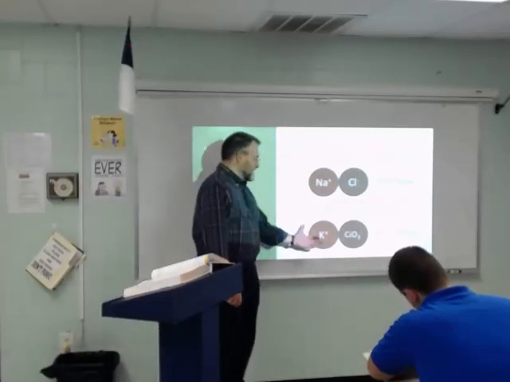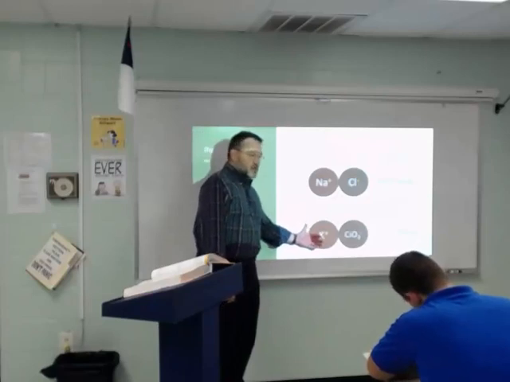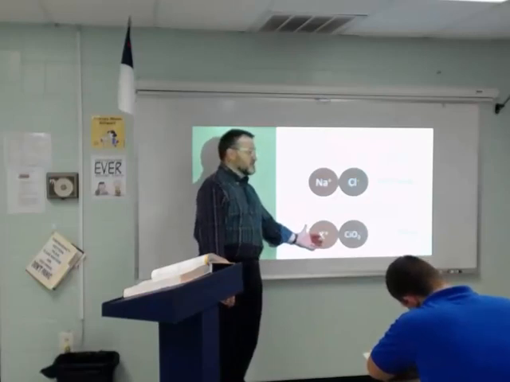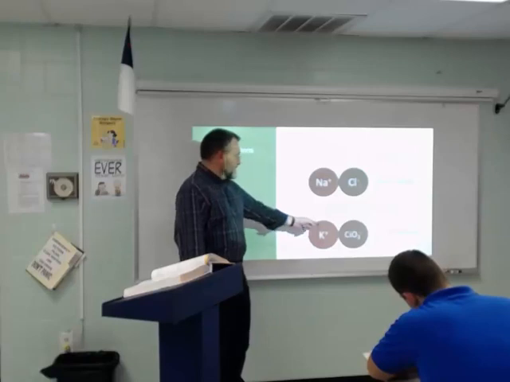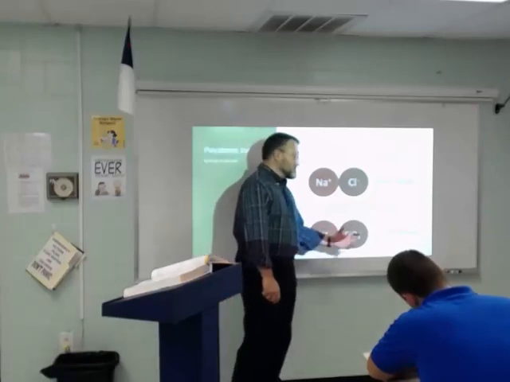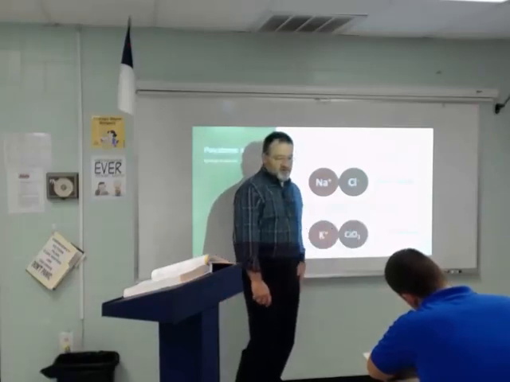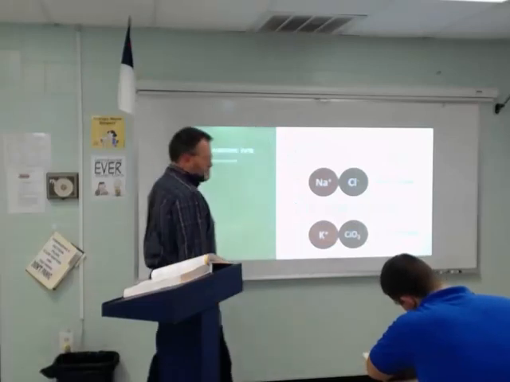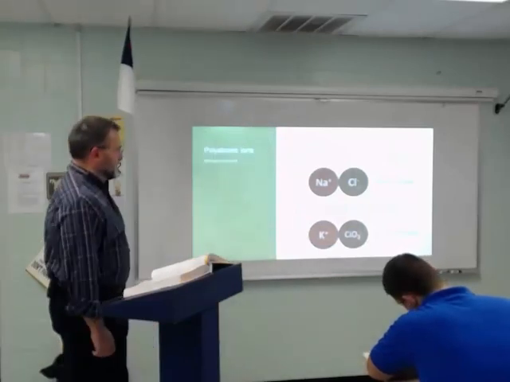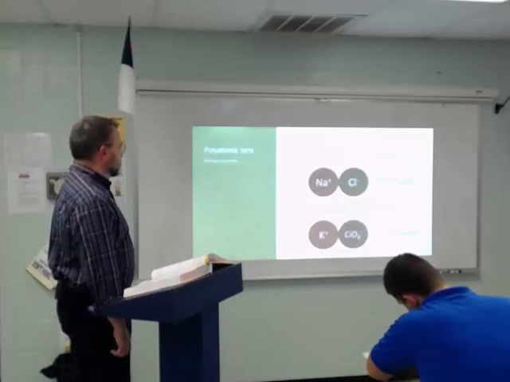Potassium is the electron donor, so it becomes positive, so it leads in the name. Chlorate is an electron receiver, and so it trails with its polyatomic name. Potassium chlorate. Questions on that?